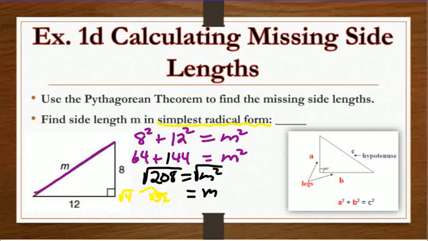And I can divide 52 by 4, so the square root of 4 times the square root of 13. The square root of 4 is 2. The square root of 4 here is 2. 2 times 2 is 4. I know I have a 4. And then all I have left is the square root of 13. So our answer would be 4 times the square root of 13.